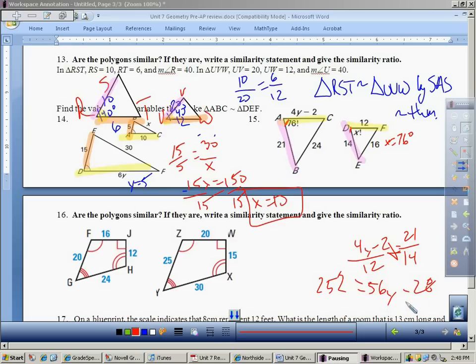Okay, and then rearranging, I add 28 to both sides. So 252 plus 28 is 280. And I divide by 56, and I get y is 5.